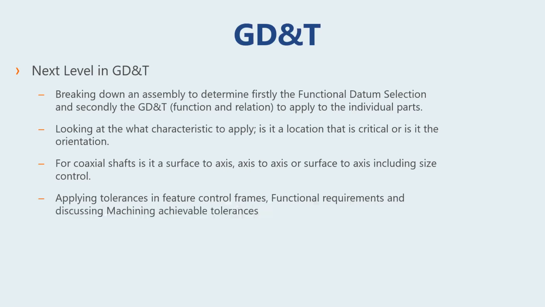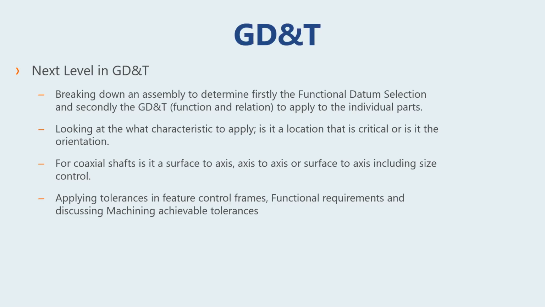The next thing you want to do is ask, what function and relationship information should I transfer down to this individual part to make sure that the person making it or inspecting it has a clear understanding of what's truly important: that form, fit, and function.